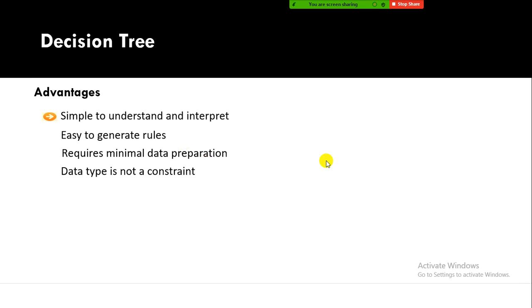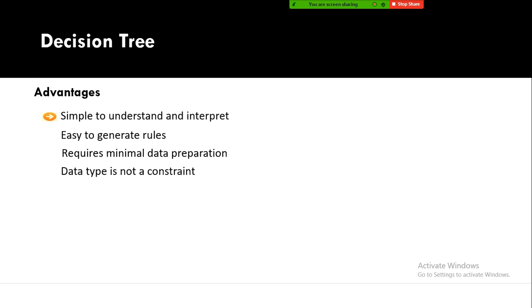And the decision tree does not require too much data preparation. You don't have to spend exhaustive time preparing the data. When it comes to other algorithms, yes, you need to address the outliers and the missing values.